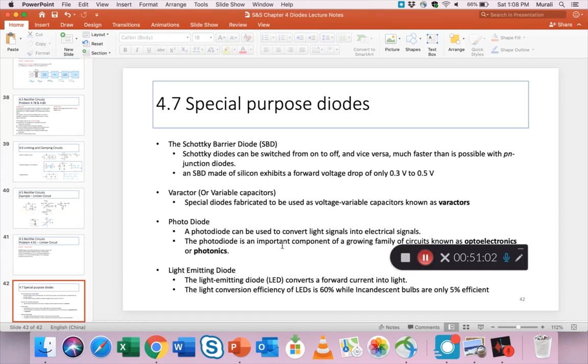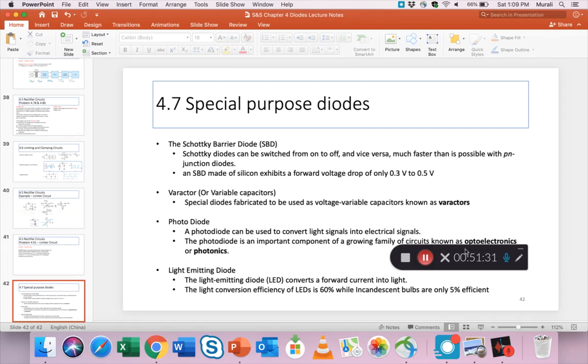So those kinds of applications have a photodiode, and they behave one way when light is falling on them, and then they behave differently when the light on them is blocked or lowered. So somebody comes, then the light on the diode disappears or reduces, and then it switches on, it conducts current. So that's a photodiode.